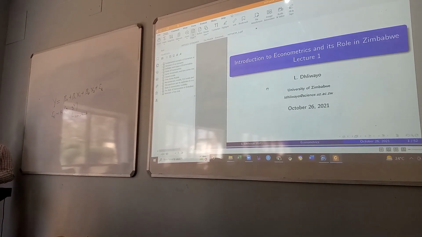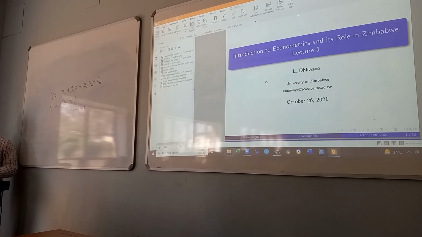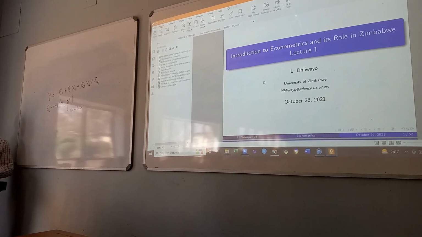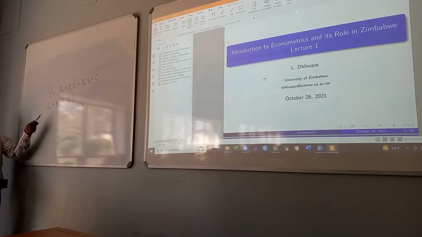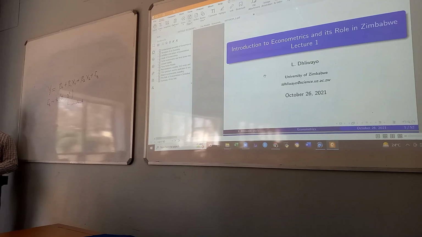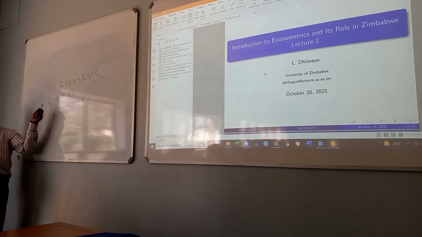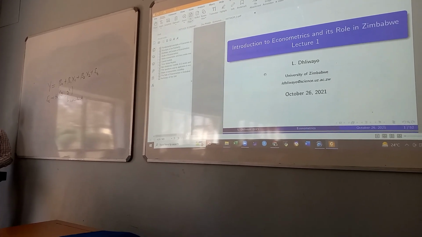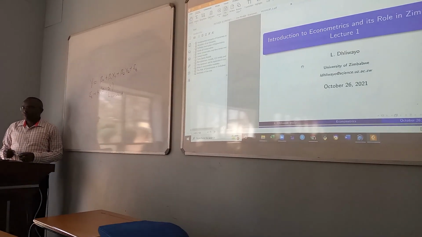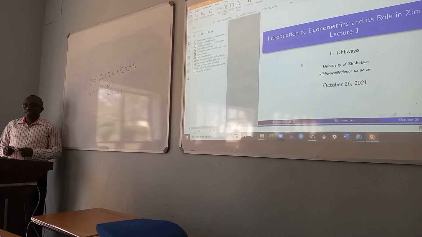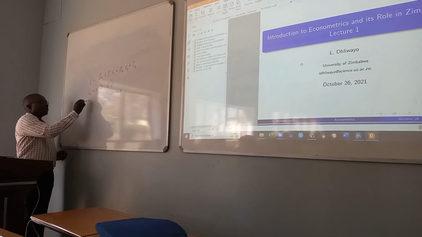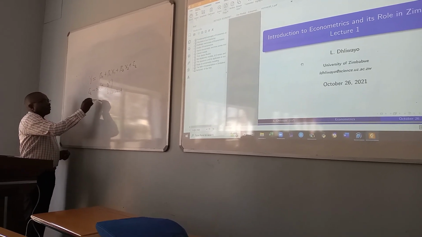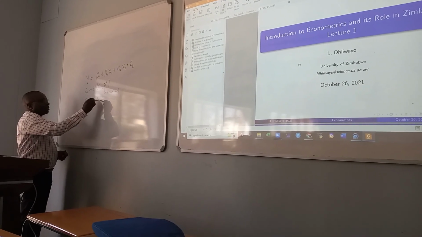What about the other assumptions? Let's deal with the error terms again. Number 1, they are normally distributed. Number 2, they have a constant variance. What else? The error terms are independent. Understand?